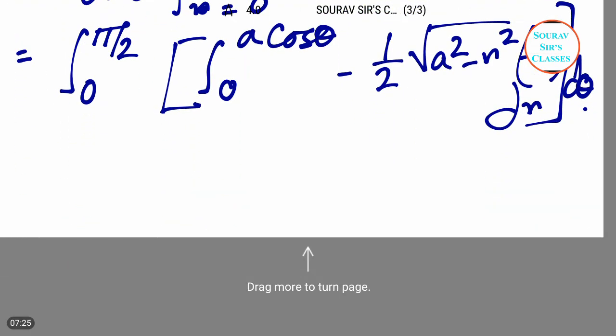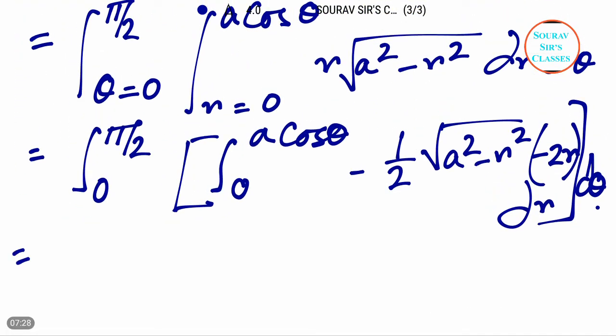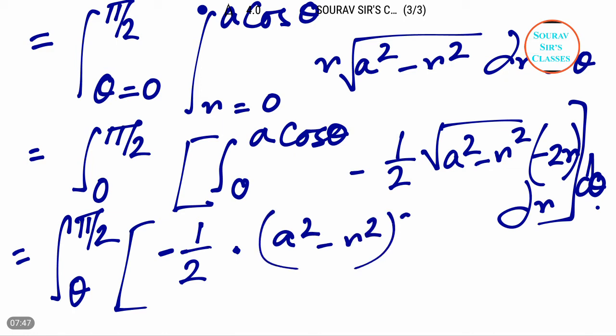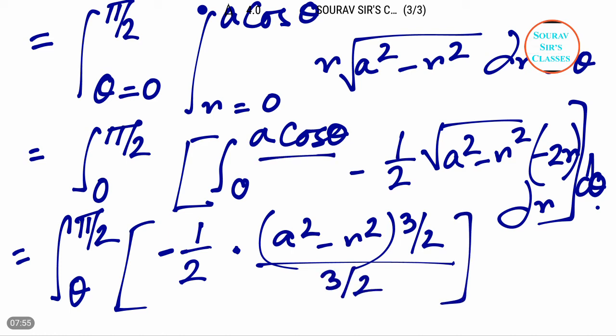Okay, now from this we can write integration pi by 2 theta into minus 1 by 2 into a square minus r square whole to the power 3 by 2 divided by 3 by 2, and we are putting the limits here, that is a cos theta and 0, and then here is d theta.